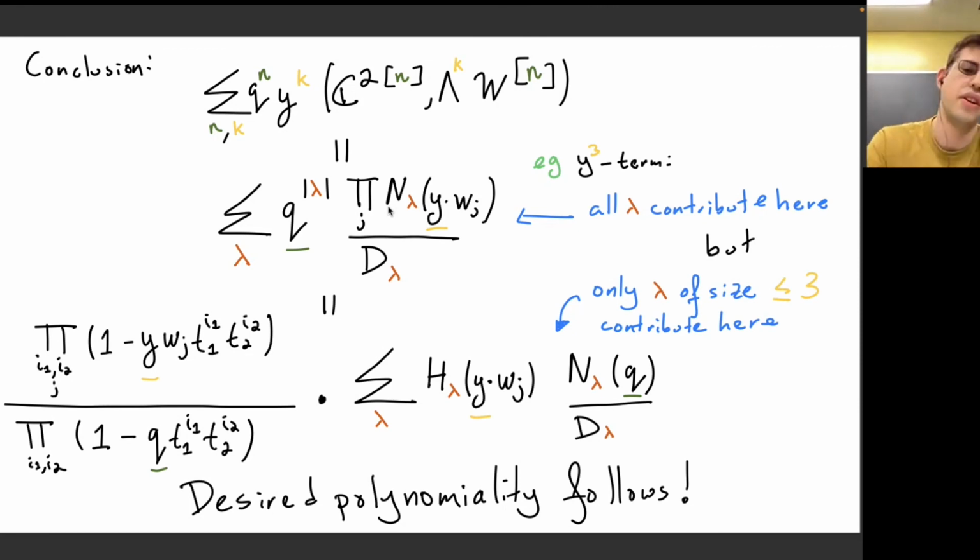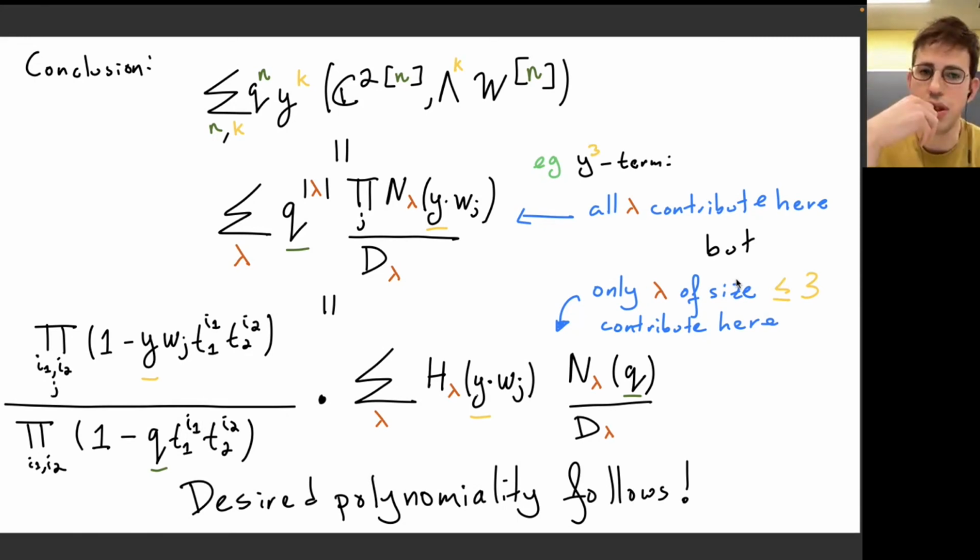But once I do this exchange, then down here, I mentioned these H lambda, their degree was the number of boxes that showed up in this lambda. So if I'm only interested in the Y cubed term, I only need to study these terms of this series for lambda of size at most 3. And once lambda is bigger than 3, then I know the terms are irrelevant.